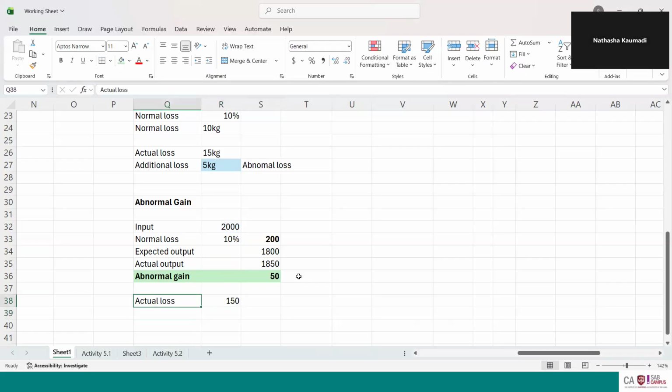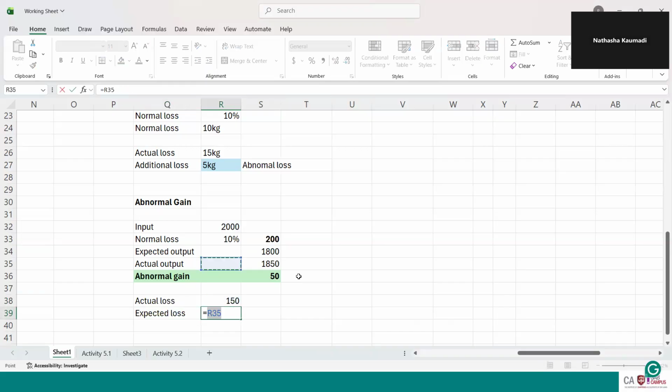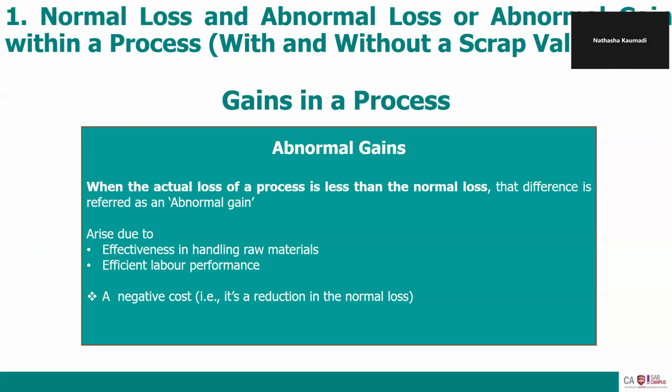So your actual loss is only 150 units. What is your expected loss? That means your normal loss, 200. See, actual loss is lower than your expectation. That is the abnormal gain. So it's kind of a negative cost. It's a saving. That's why we call it negative cost, because it is a gain. Right? So that is how abnormal gains can be there.